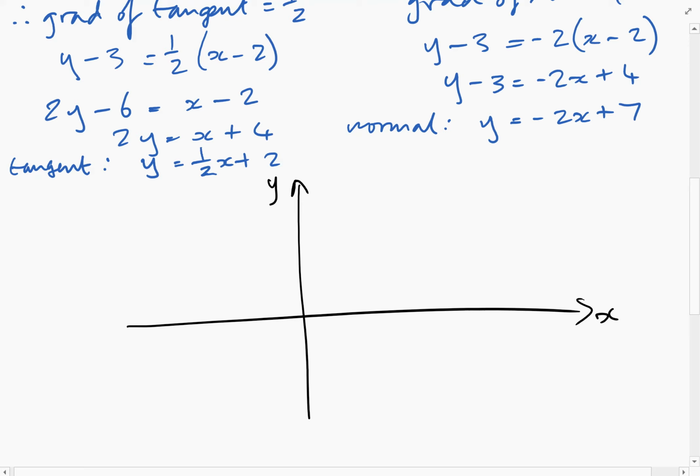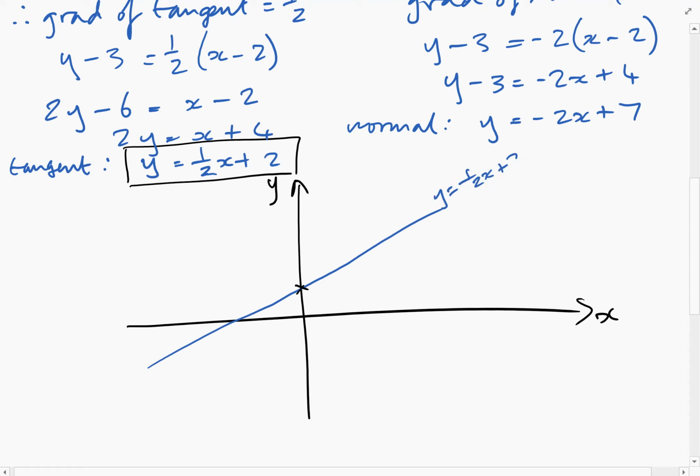The tangent is given by this, so it goes through plus 2, and it has the gradient of a half, so it's not particularly steep. So let's draw the tangent like this. So we've got y equals half x plus 2.